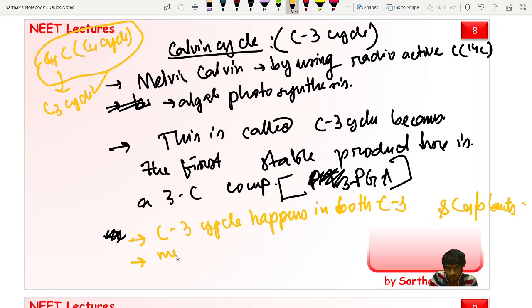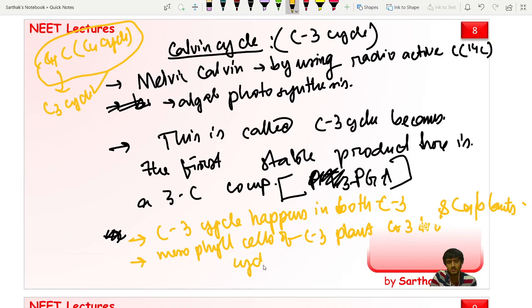In the mesophyll cells of C3 plants, this C3 cycle takes place. Clear?